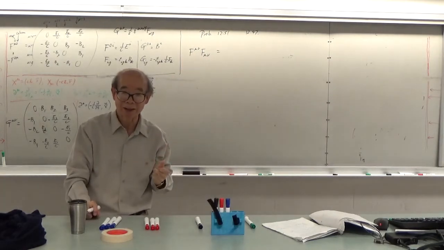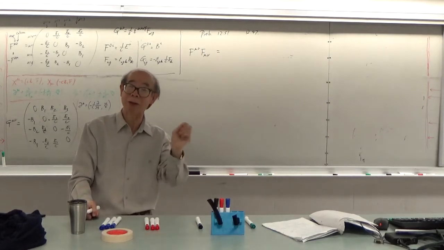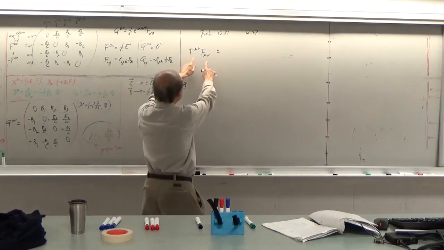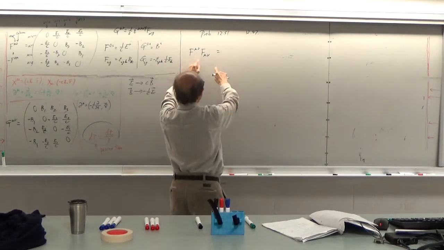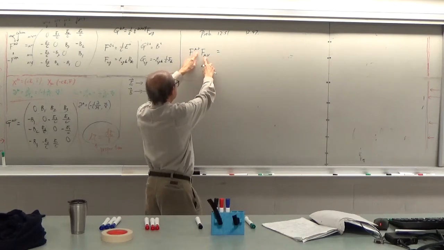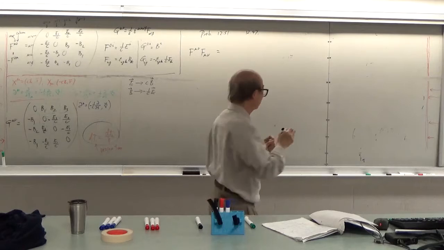Repeating indices imply summation over 0, 1, 2, 3, independently for both of them. So I have to list all the possible indices that this product can take.